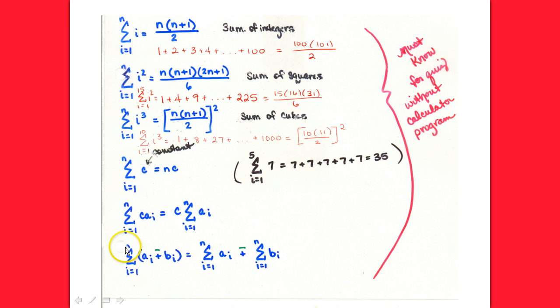The last couple of properties that we have down here will make finding summations a little faster and easier. The first one says if you have the summation from 1 to n of a constant, then it's going to be n times that constant. For instance, if I had the summation from i equals 1 to 5 of the constant 7, it's the same idea as graphing y equals 7 and making an xy chart.